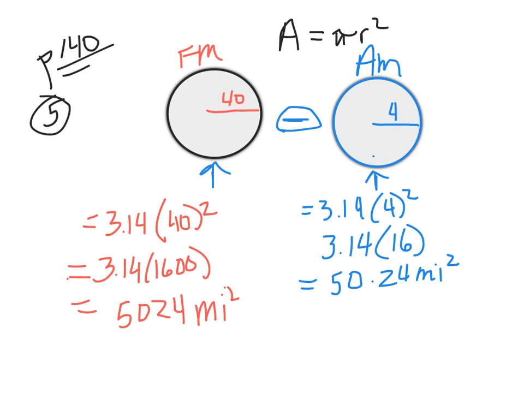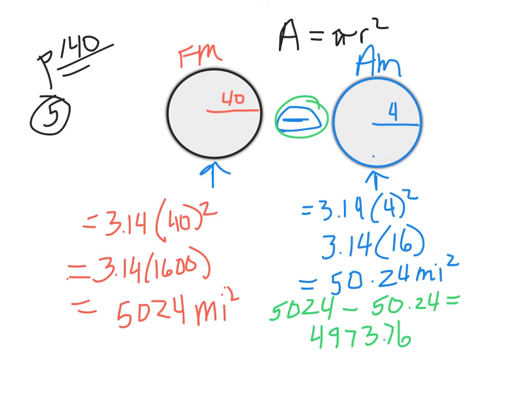But the question it asks is how much more does the FM cover? So now we need to subtract the 2. So I'm going to say 5,024 minus 50.24. And you're going to get still a very large number, 4,973.76 miles.